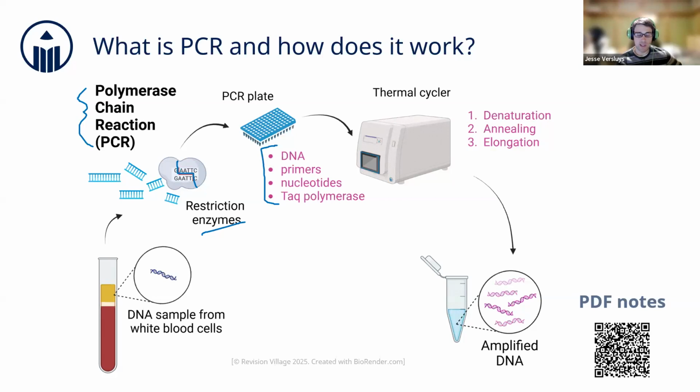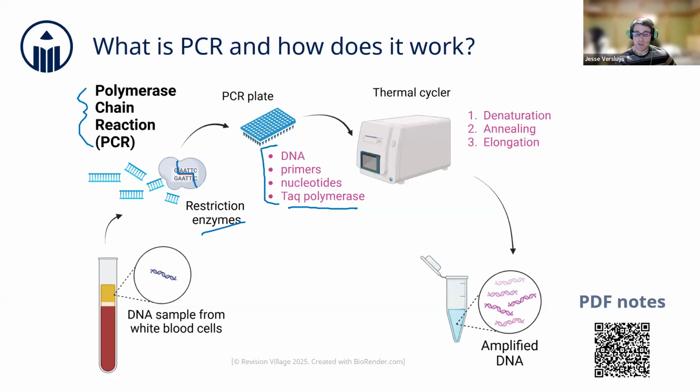There needs to be lots and lots of nucleotides present to allow the DNA to be replicated. And then we've got another enzyme that we haven't seen so far, which is called Taq polymerase. It's a version of DNA polymerase 3 that is present in bacteria specifically, and they're able to function at high temperatures to allow this process to work more effectively.